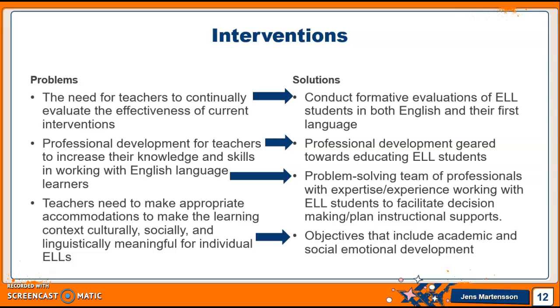The solutions suggested were formative evaluations of ELL students in English and their first language, professional development geared toward educating ELL students, problem-solving teams to help teachers in decision making for ELL students, and objectives that include academic and social emotional development.